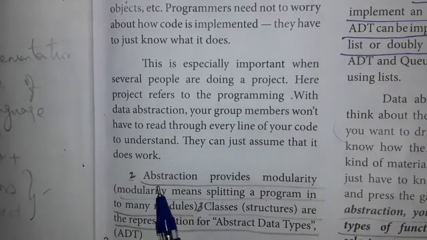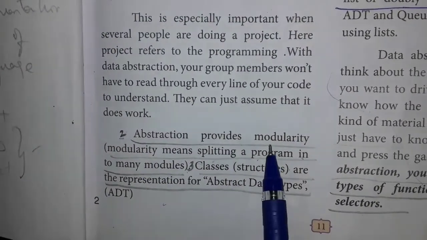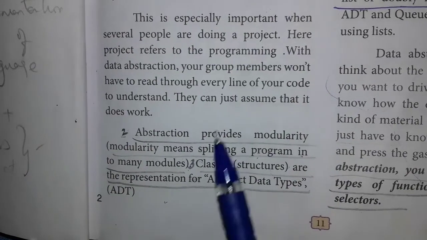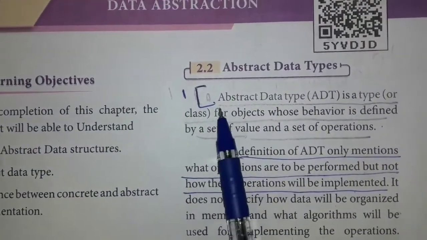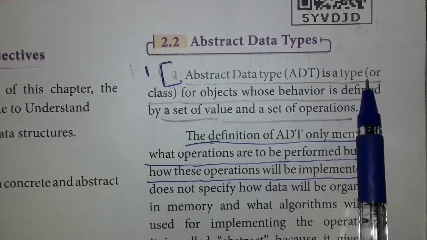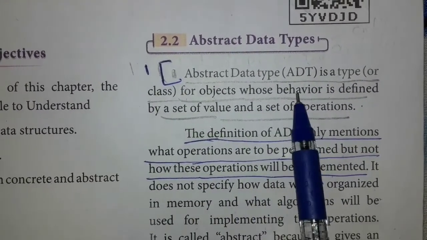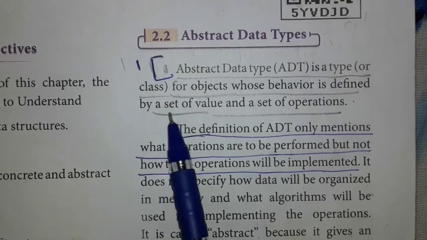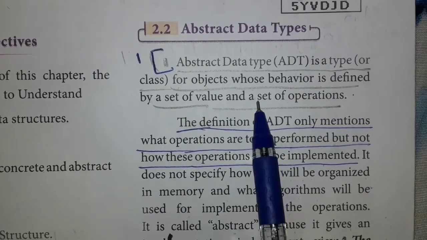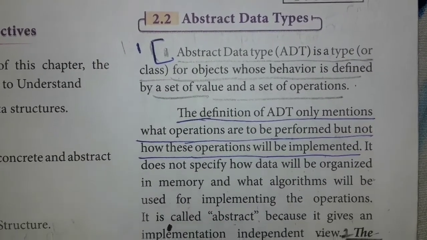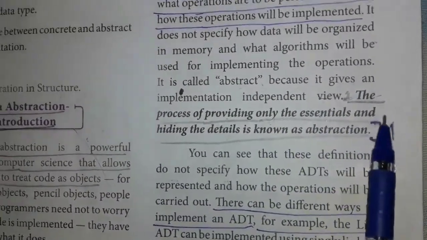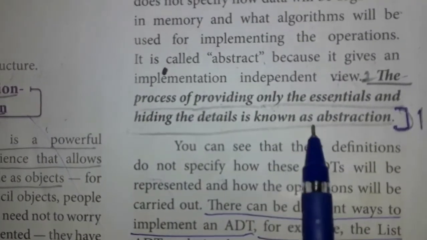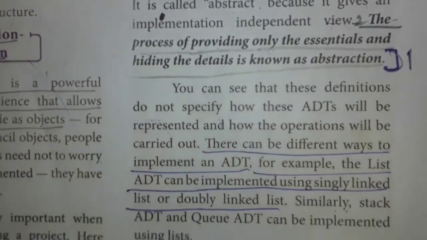The next one is abstraction provides modularity. The next topic we have is abstract data type. Abstract data type is a type for objects whose behavior is defined by a set of values and a set of operations. The process of providing only the essential and hiding the details is known as abstraction.